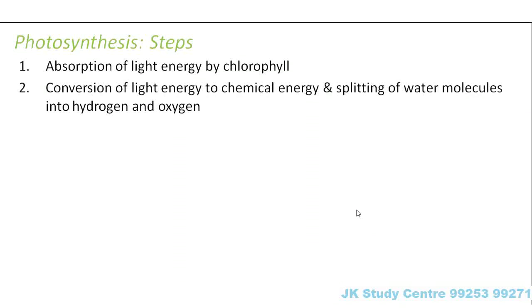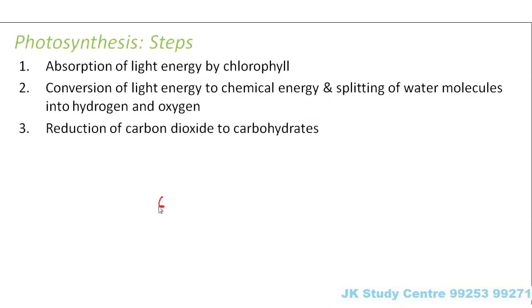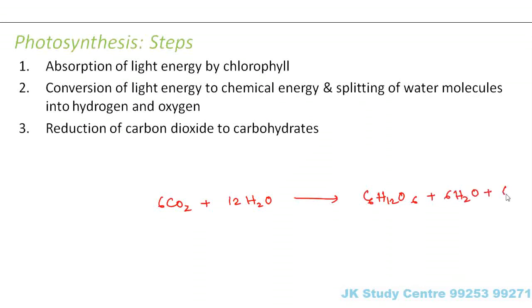So this light energy is converted to chemical energy, and the water molecule splits into hydrogen and oxygen, and that hydrogen is emitted out as a gas. Reduction of carbon dioxide to carbohydrates. So here we saw on the left hand side of the equation. If you look at the equation once again, it was CO2 plus H2O gives C6H12O6 plus 6H2O plus O2.